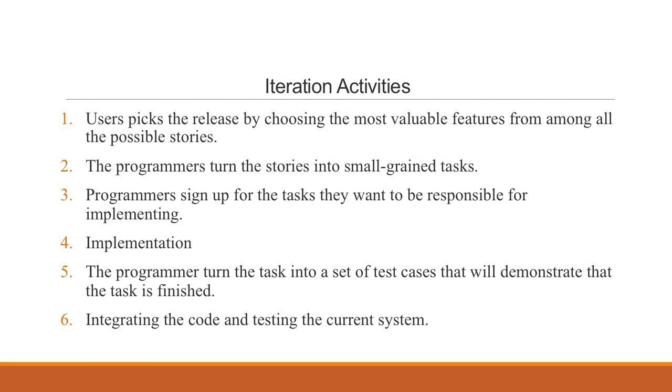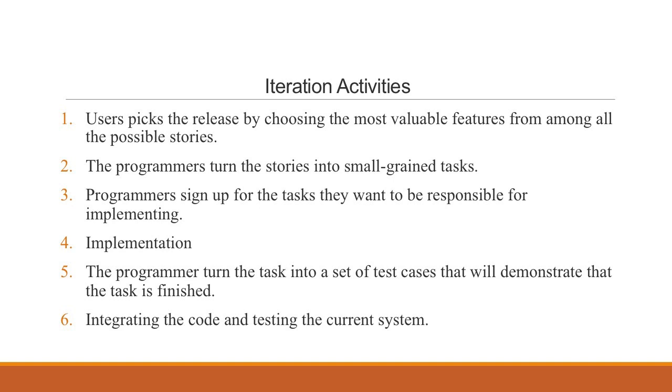So, what will we do in each iteration? First, the user picks the release by choosing the most valuable features from among all of the possible stories. Second, the programmers turn the stories into small-grained tasks.